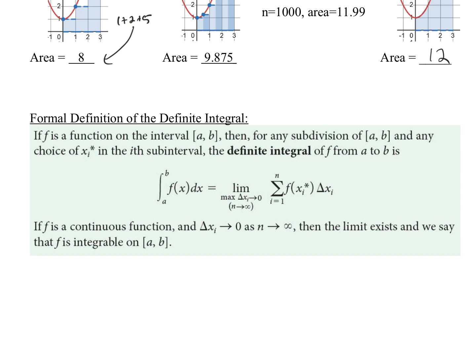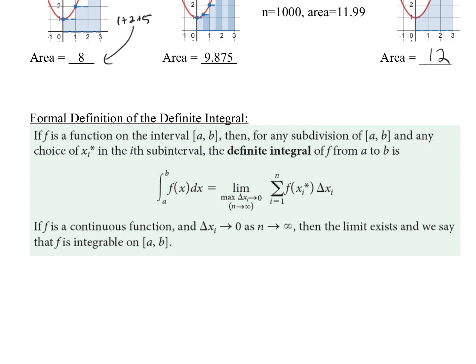Again, that's just a technicality, and in a brief calculus class, we're really not going to get into looking at Riemann sums much at all. So when this limit exists, we would say that f is integrable on the interval a to b.